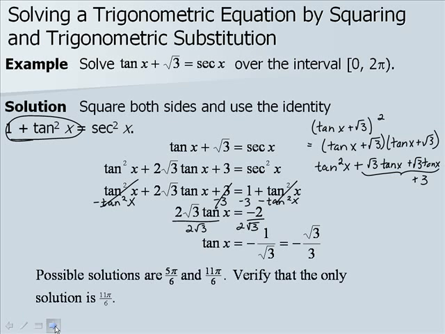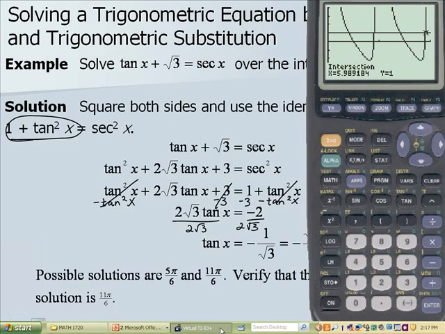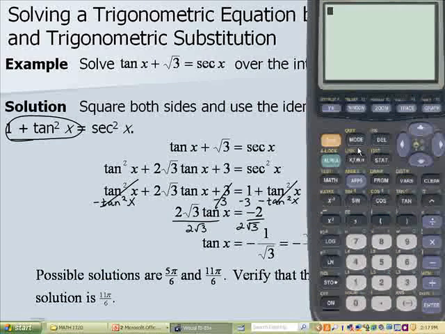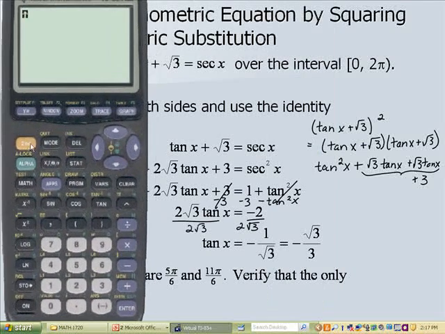And we'll verify that the only solution is 11 pi over 6. So to do that, first let's show where we've come up with our answer. We'll take the tangent inverse of a negative square root of 3 over 3.